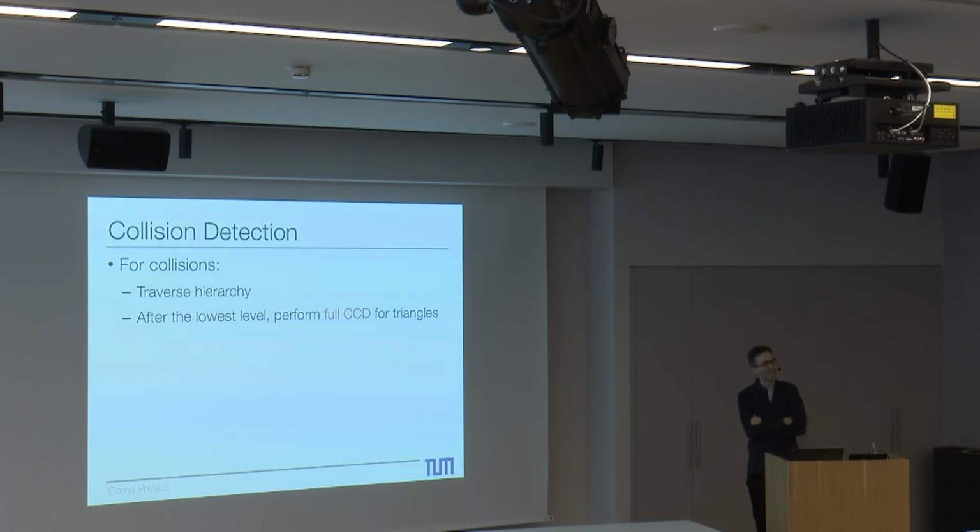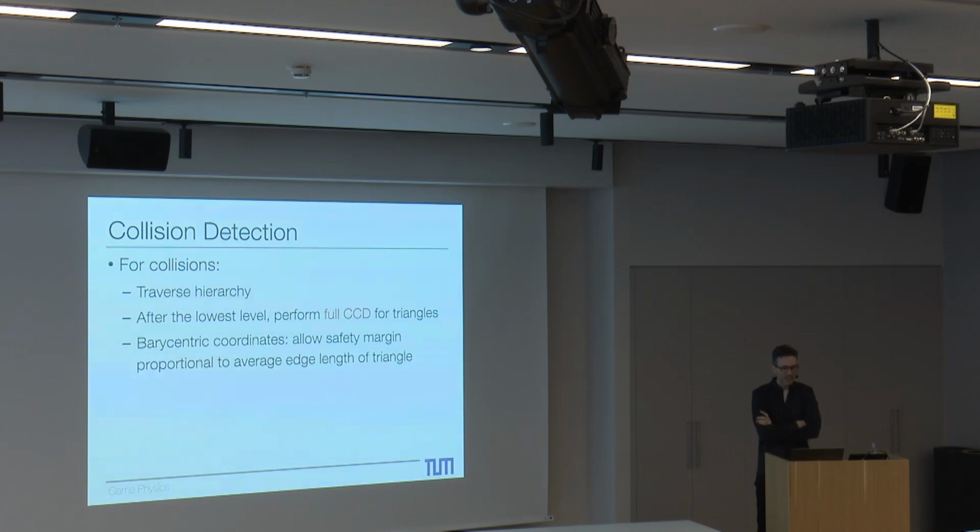But one of the unfortunate things is, it's a continuous collision detection, so it really takes the motion into account. It still misses things. It still doesn't solve these problems, with inaccuracies, and then potentially also cases that it really can't easily detect. So there's another safety margin here on the sides of the triangle, and also in time, because this continuous collision detection really looks at the time step as well.